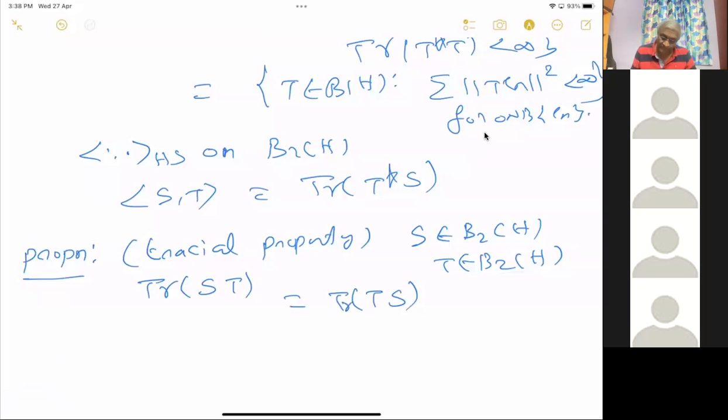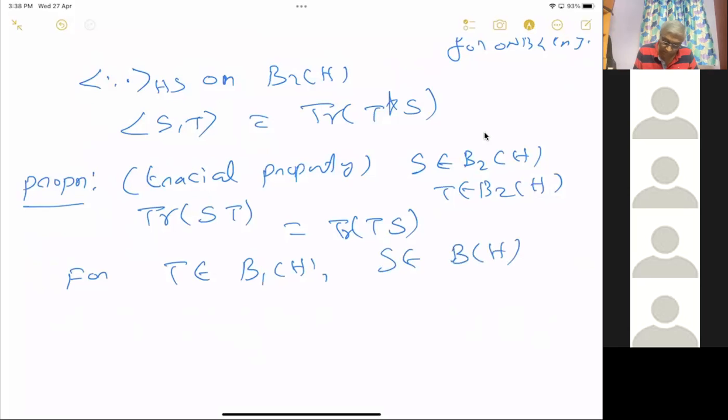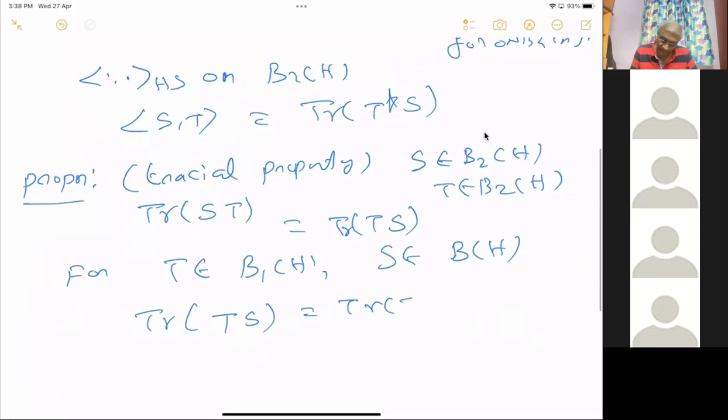That's all. This is for Hilbert-Schmidt operators. Also for T in B1(H) and S anything in B(H): we know that trace class operators form an ideal, so you can make sense of trace of TS or ST, and trace of TS equals trace of ST.